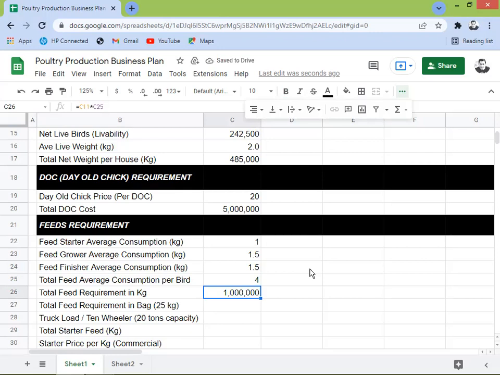So the total feed requirement would be 1 million kilograms of feeds that we require.